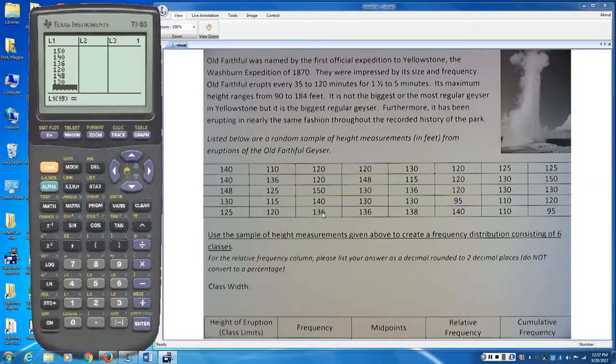Now, be careful that you enter the numbers correctly. We're going to go back and scroll through and make sure we didn't misenter anything. So I've entered mine going down each column, so I'm going to scroll back up and just double check.